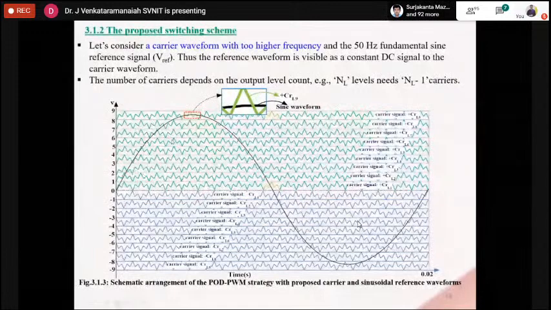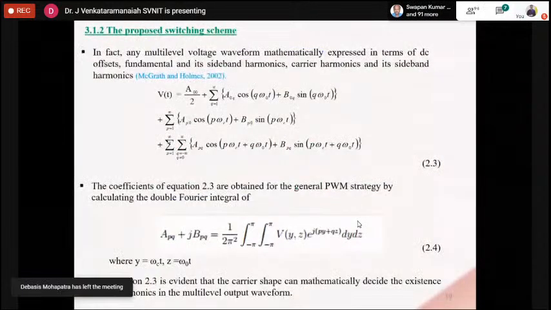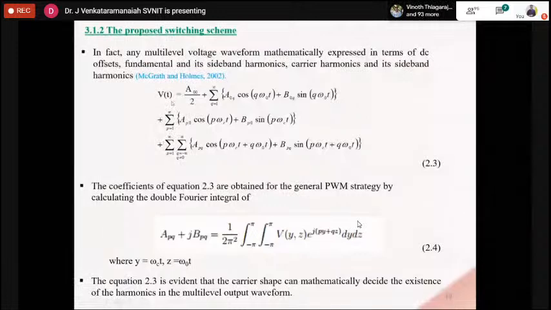Now we will see the new carrier. Why do we have to concentrate on the new carrier? This is the instantaneous output voltage waveform equation as a Fourier series.